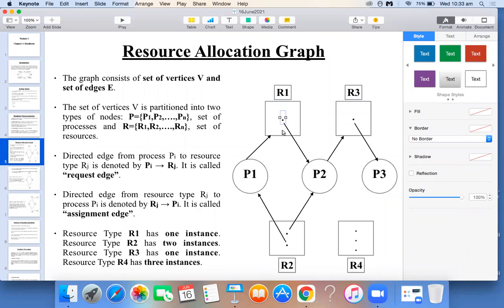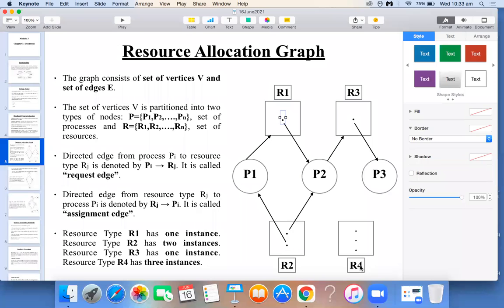One dot indicates we have only one instance of that resource type. The resource type here is R1. Similarly, observe R2. How many dots can you see here? There are two dots. It means there are two instances of that particular resource.